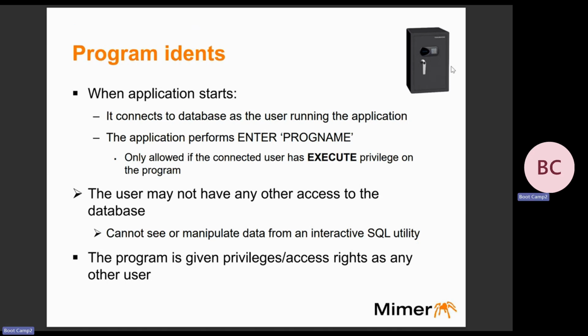So let's say you need to run this application. If we don't do anything, you would need to have access to all the objects that the application works with. For example, insert, update, and delete, and select privileges towards all the objects.